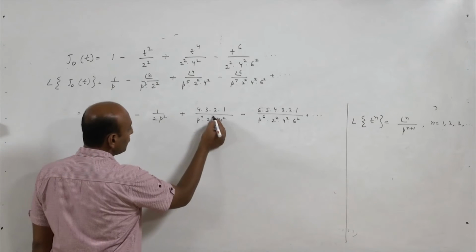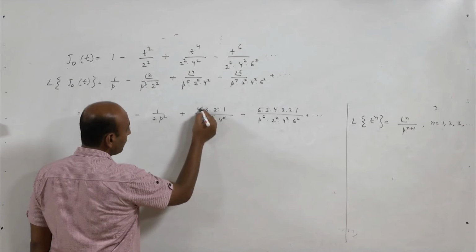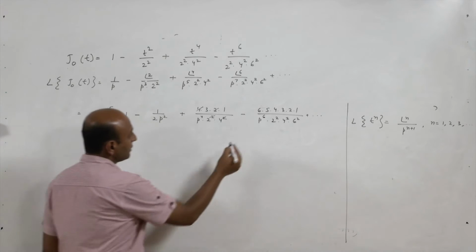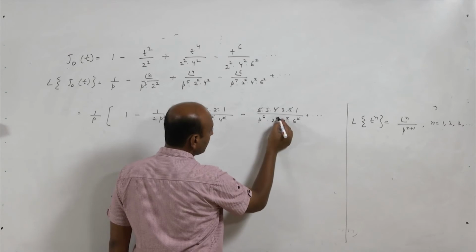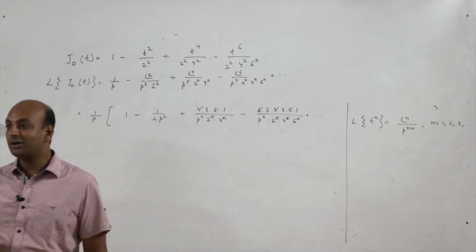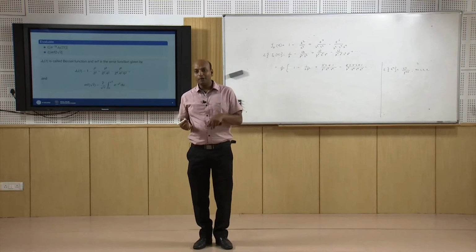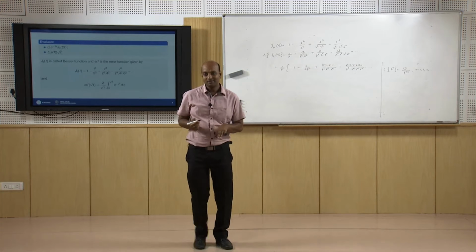Now, 2 cancels with 2, 4 cancels with 4. So, we have observed that numerator always contains odd terms and denominator always contains even terms.